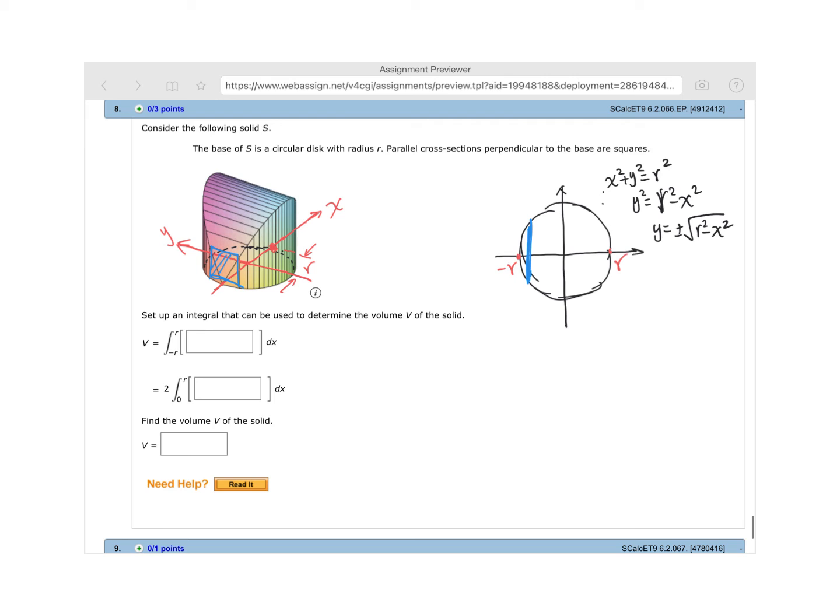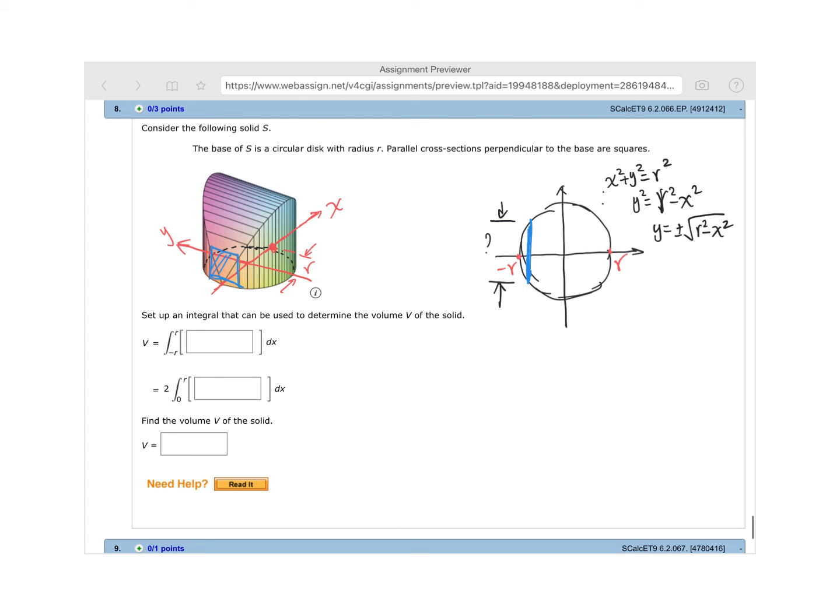To find the area, we need this length and then square it. Because it's a square, we just need this length and square it, and then you get the cross-sectional area. So what is this length? We already solved for y, so there's a plus or minus. The plus corresponds to the top half of the circle, and the negative sign corresponds to the bottom half.